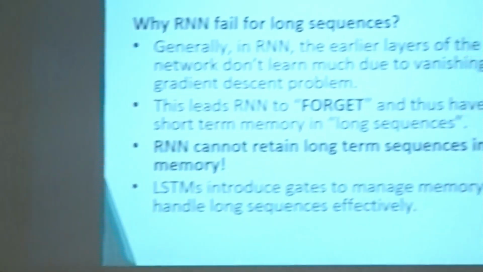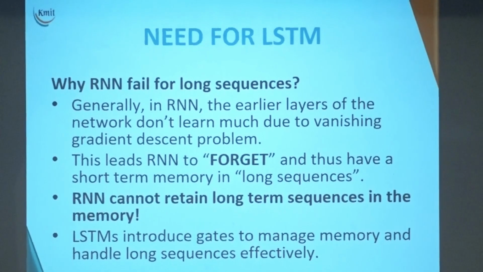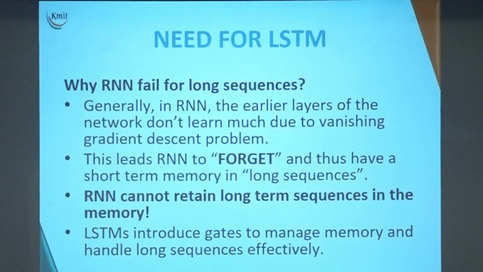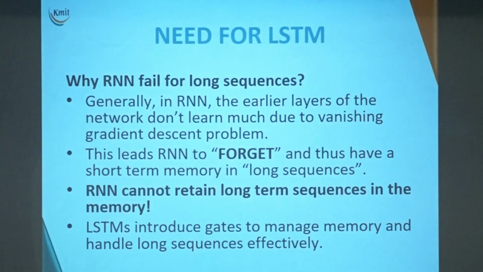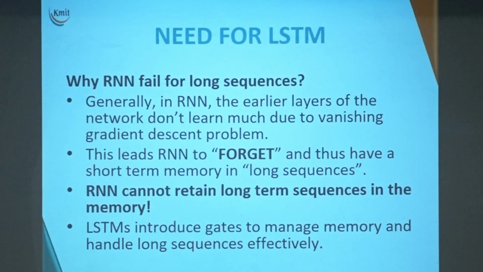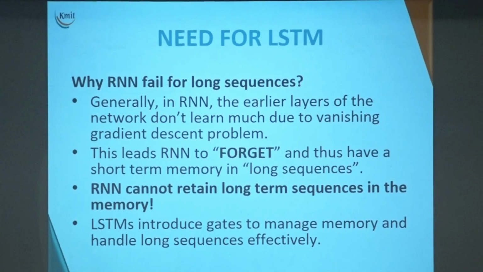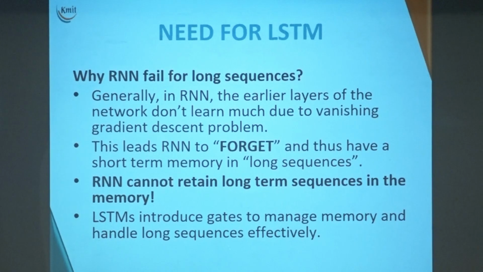Because of this, RNN tends to forget, because the layers towards the input side are not learning. So RNN forgets and thus has a short-term memory whenever you have long sequences. For smaller sequences, fair enough, the gradient is present and learning is happening. For longer sequences, by the time it reaches the first layer of your network, the gradient vanishes and RNN starts forgetting.